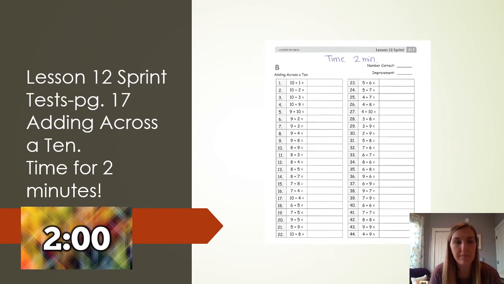Moving on to set B, seeing if you can get more problems this time. Okay, pencil up, on your mark, get set, go.